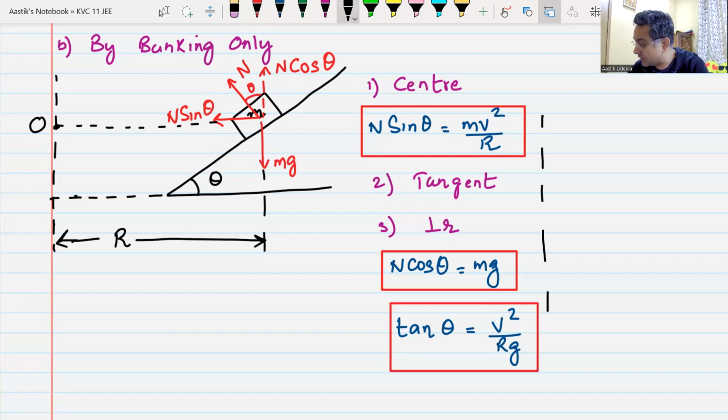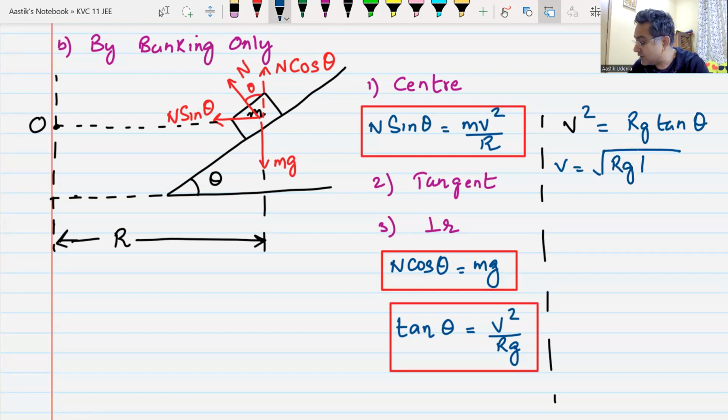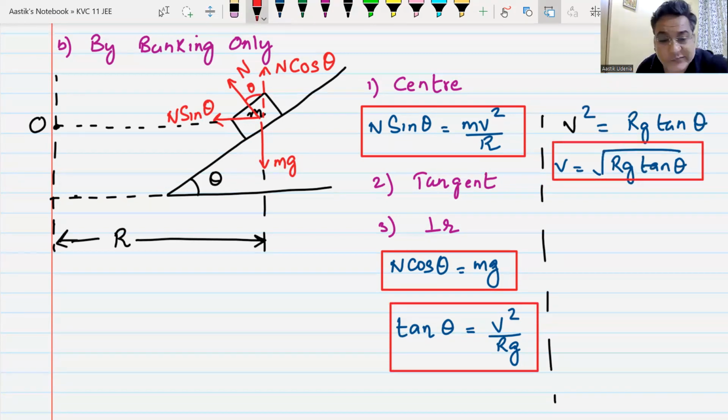Now you can write it in this way also. V square is equal to rg tan theta, or the maximum velocity possible will be root over rg tan theta. It depends on the tan theta, with what velocity you can turn on this road.